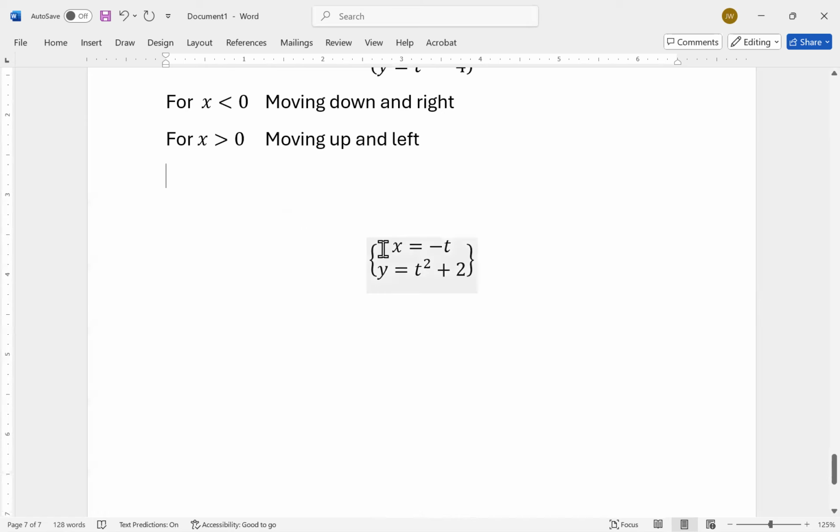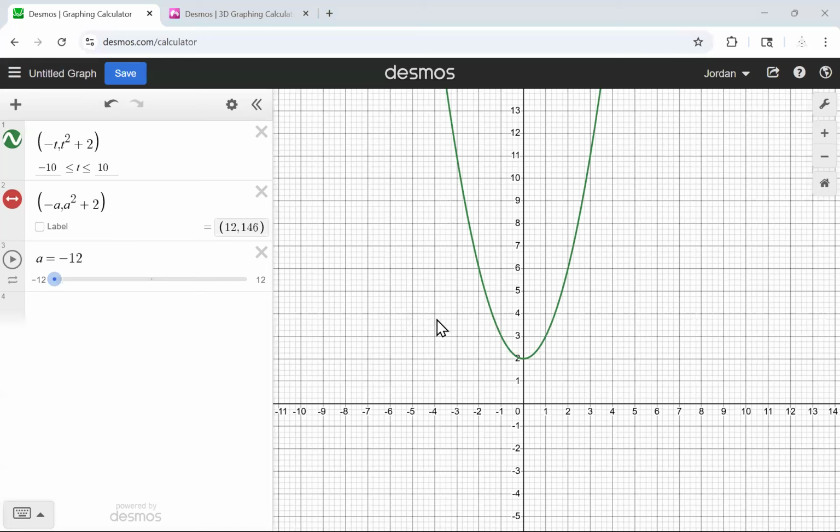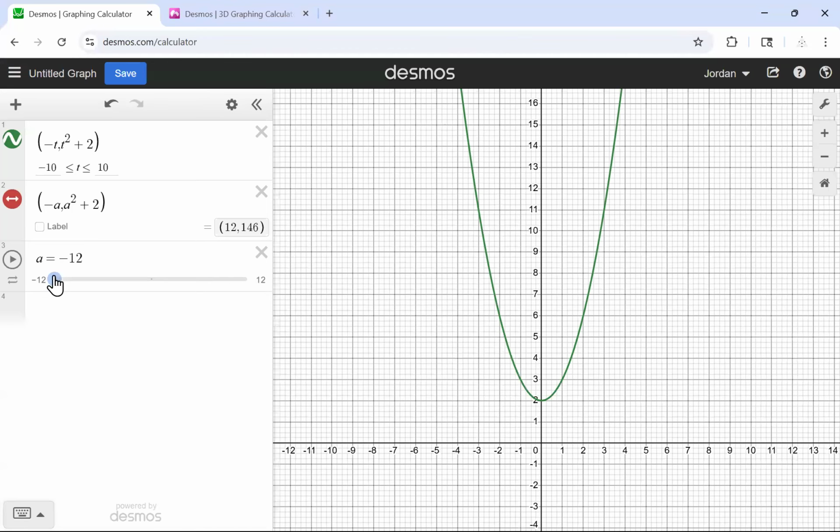Now let's take a look at this second pair of parametric equations. x is equal to -t, and y is equal to t squared plus 2. I have graphed this already and set my slider.